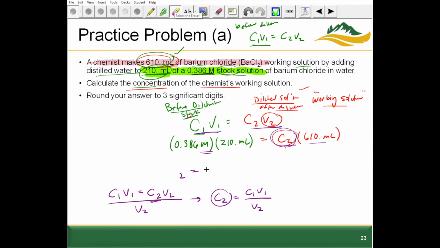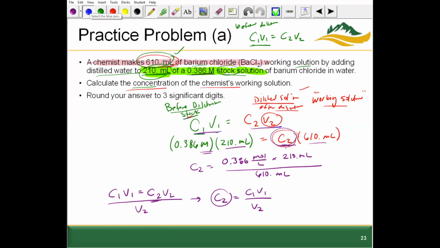I just want to show you this really quickly. Now C2 is equal to 0.386 moles per liter, or molarity, times 210 milliliters divided by 610 milliliters. What's nice about this way is we don't have to convert any units, because milliliters and milliliters cancel out, leaving C2 in the units of moles per liter.